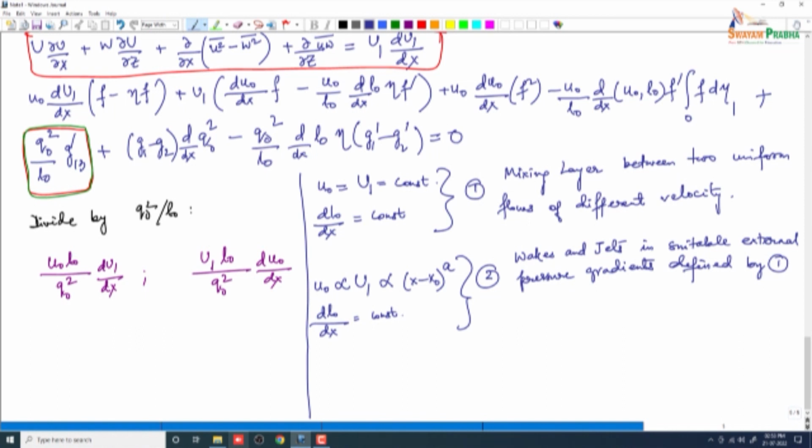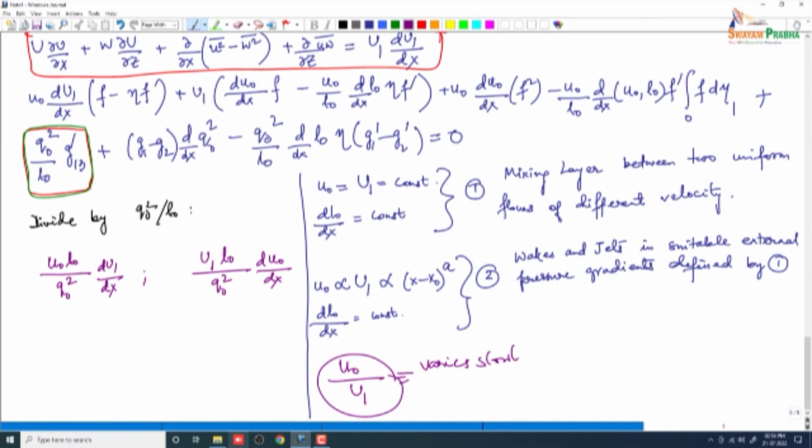Now, if they have to exhibit self-preservation capabilities, how does that translate mathematically? What does it mean in terms of velocity or other properties? This is what it means, as we've written down here in terms of the equations. Now, something can also be not very distinct, but approximately self-preserving.